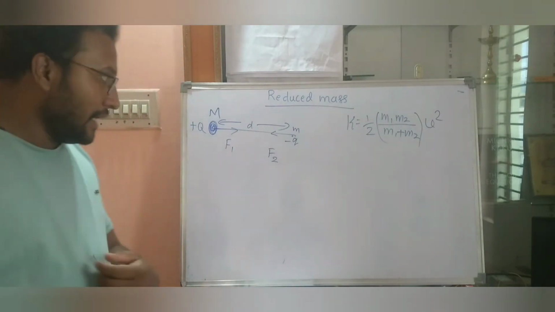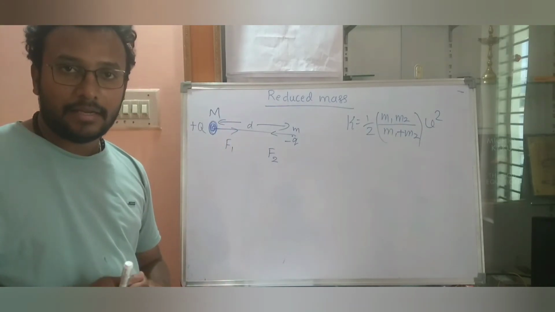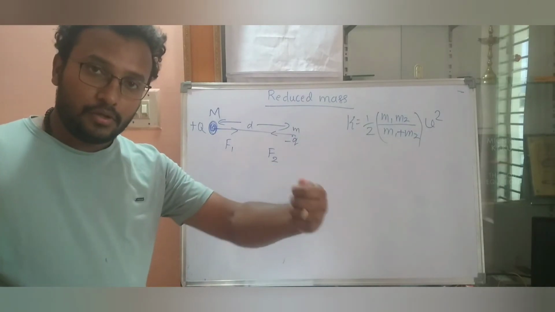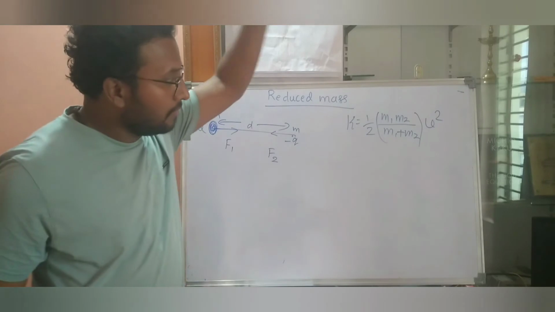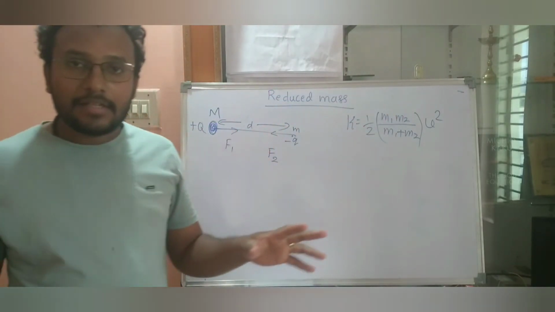But here we have a small difference from the problem we took earlier. Initially, those two particles or objects had masses m1 and m2, with not much difference in their masses.